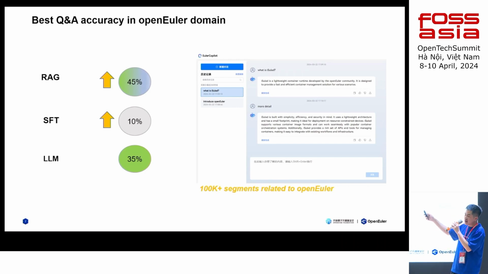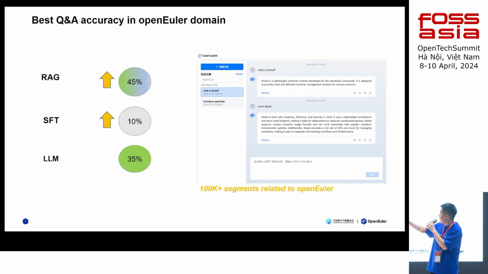And use RAG, which I introduced before. We want to leverage the 14.5% accuracy rate here. So we will not use fine-tuning, the SFT, to let the large model learn more languages here. We only use the RAG for that.